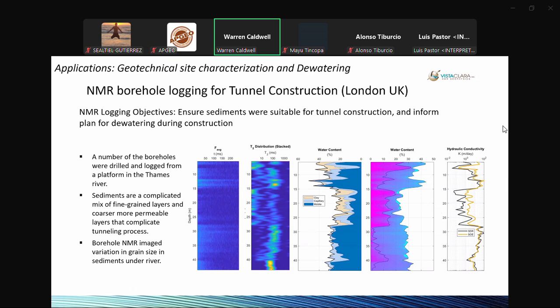This was actually done in a river on a jack-up barge, and the objective was to characterize the sediments for future tunnel construction and allow them to plan their dewatering. And this provided the information that they needed for their work.